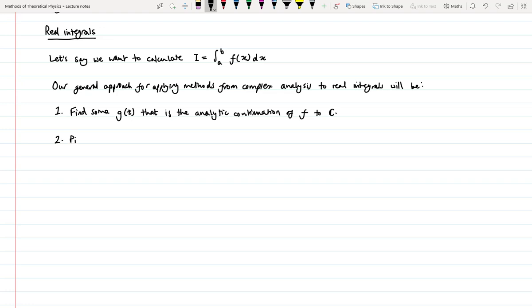Then you're going to want to pick a closed contour C in the complex plane that includes some segment related to the real integral I. And a common example is that the contour in the complex plane contains part of the real axis.